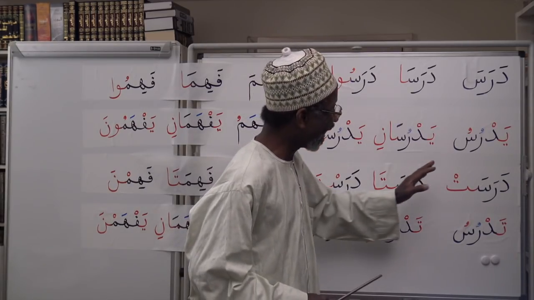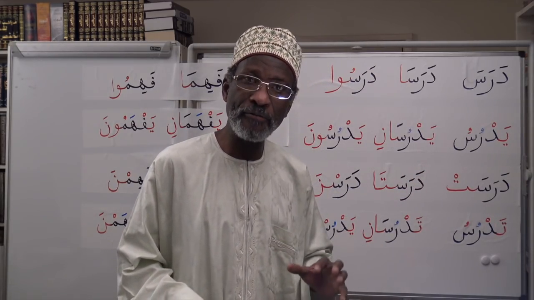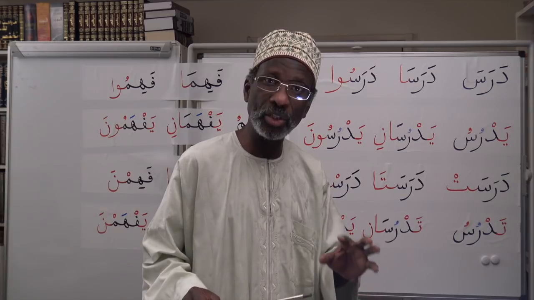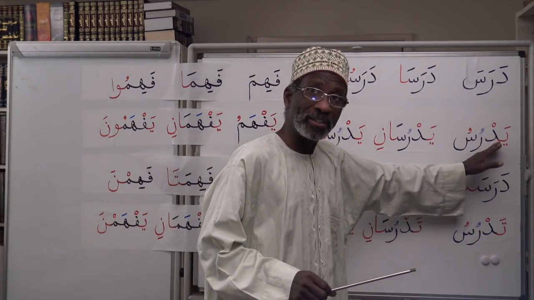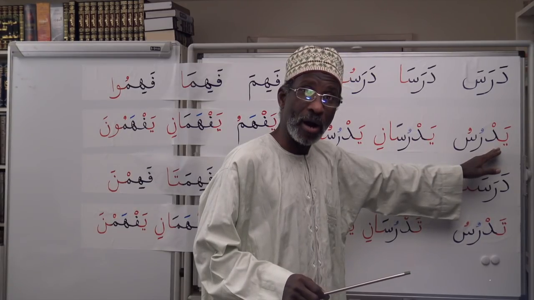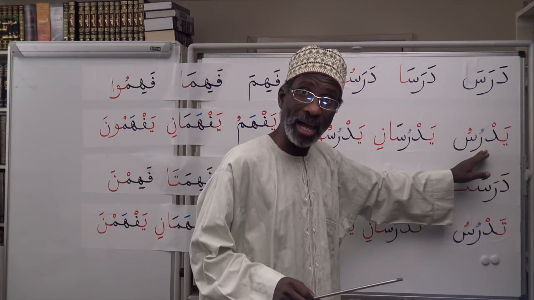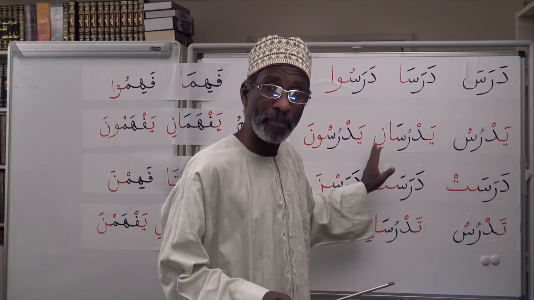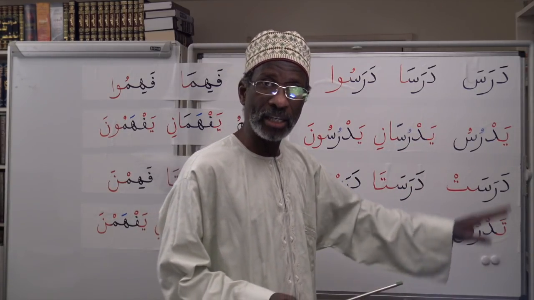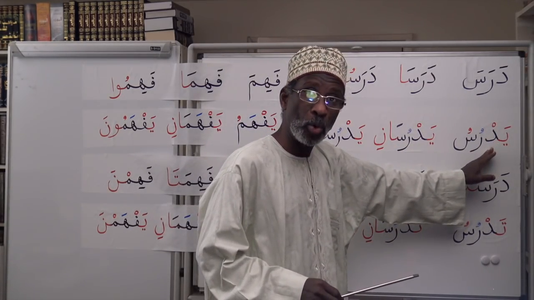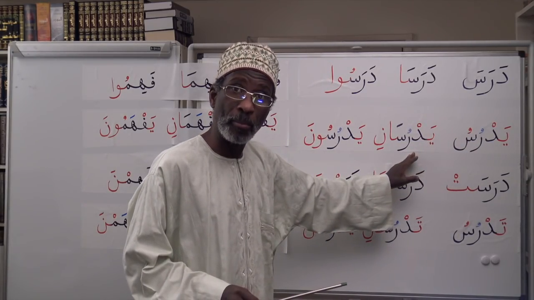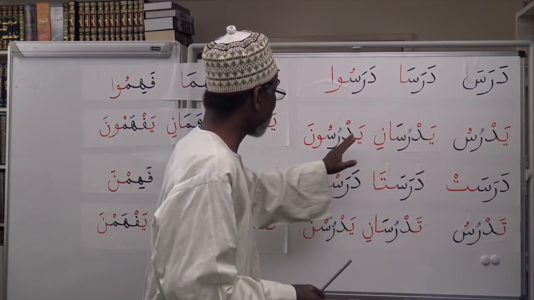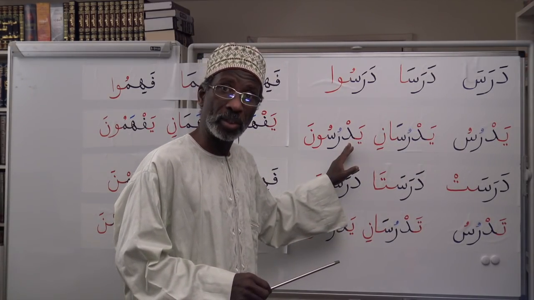Now, present tense. The first thing we need to call our attention to is the prefix. The prefix in the masculine, for singular, dual and plural, is ya. That means ya at the beginning of the singular, the mufrad, and ya for the muthanna, which is your dual, and ya for the jama, which is the plural.